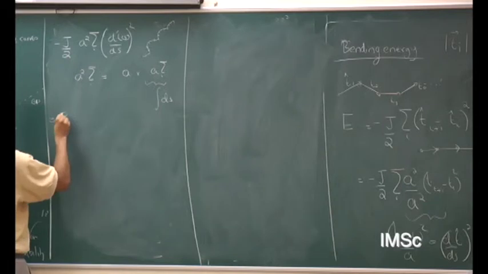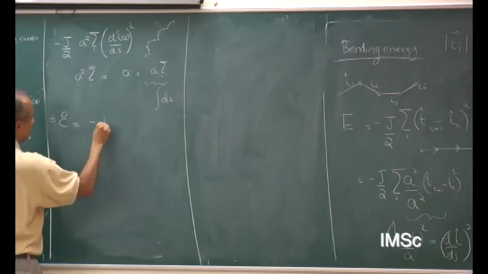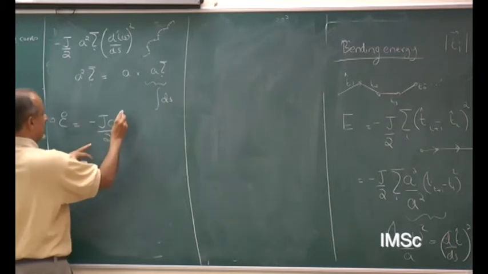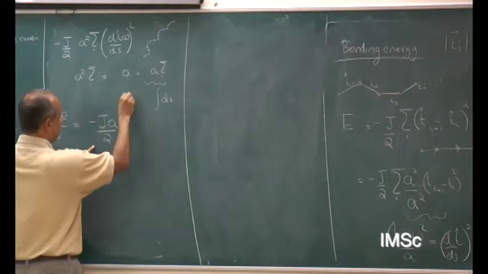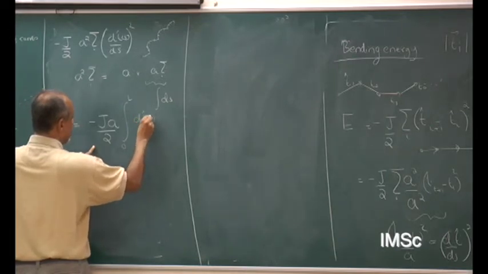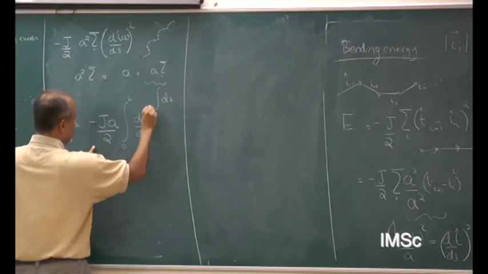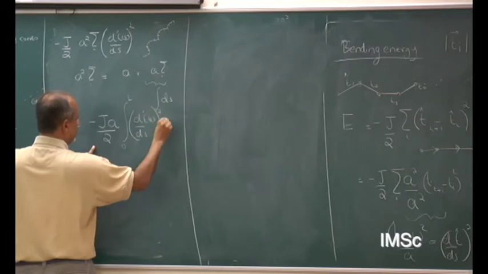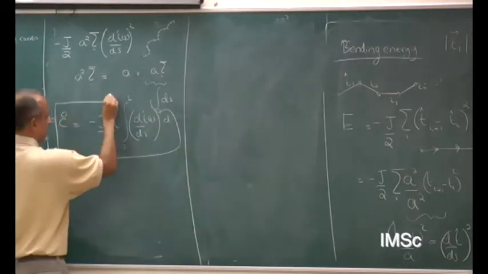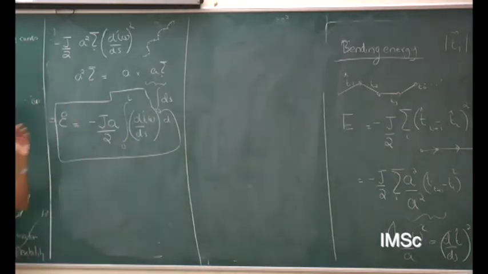That implies that the total energy is minus J times a divided by 2, integral s varies from 0 to L, d t hat of s by ds the whole squared times ds. And that is my most important relationship when I want to think about the energy of a semi-flexible polymer.